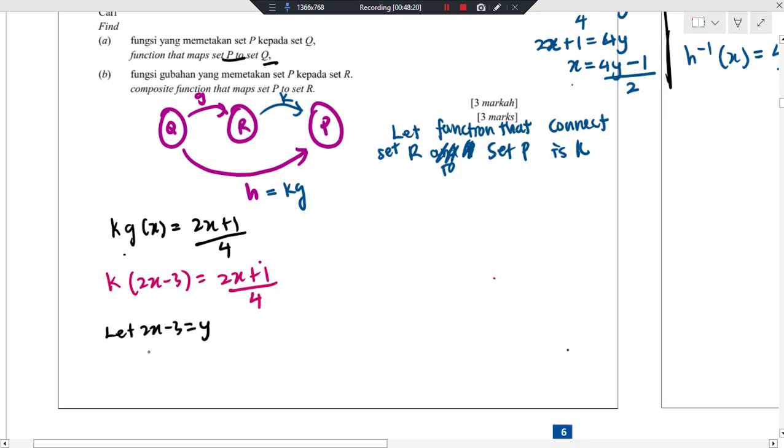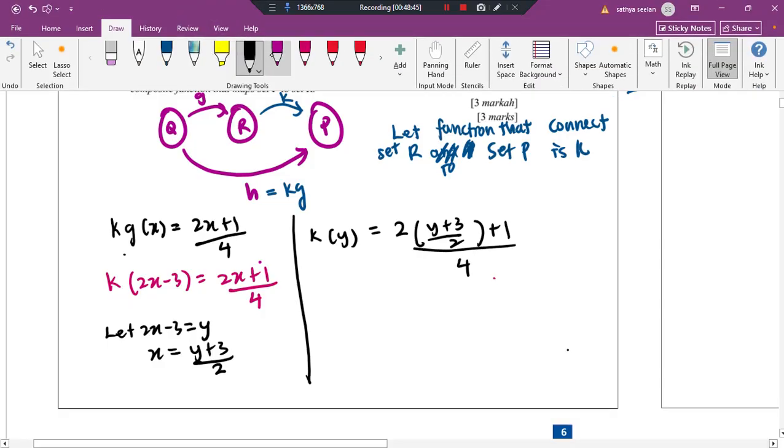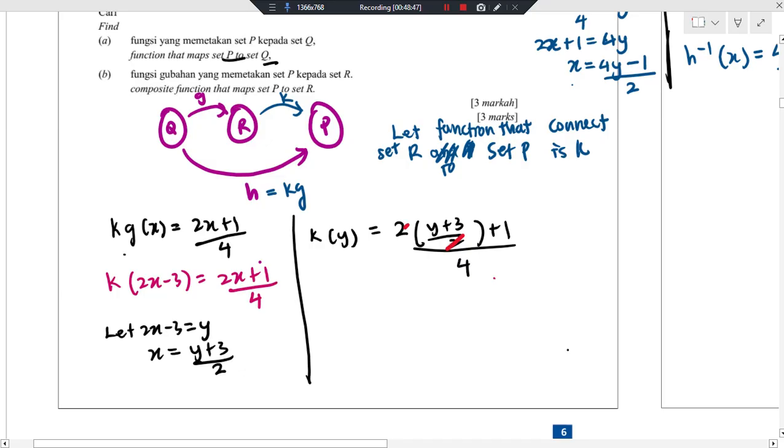And then inside the x, y plus 3 over 2 plus 1 over 4. Okay, kita cuba selesaikan. Benda ni 2 cancel. So, y plus 3 plus 1 over 4 is your ky. So, ky tukar jadi kx lah. And simplify at the same time. X plus 4 over 4.